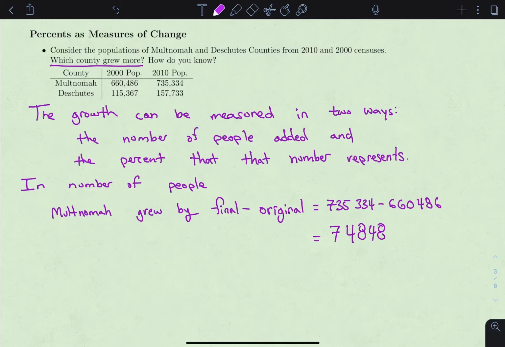The number of people in Multnomah grew by that, while in Deschutes it grew by the final population in 2010, which was 157,733, reading off the table, minus the population in 2000.